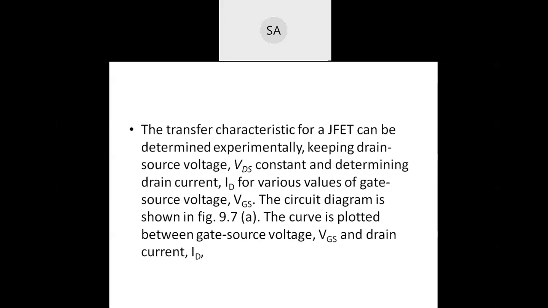The transfer characteristics for a JFET can be determined experimentally, keeping drain to source voltage VDS constant and determining drain current ID for various values of gate to source voltage VGS. In the circuit diagram shown in the figure, the curve is plotted between gate to source voltage and drain current.